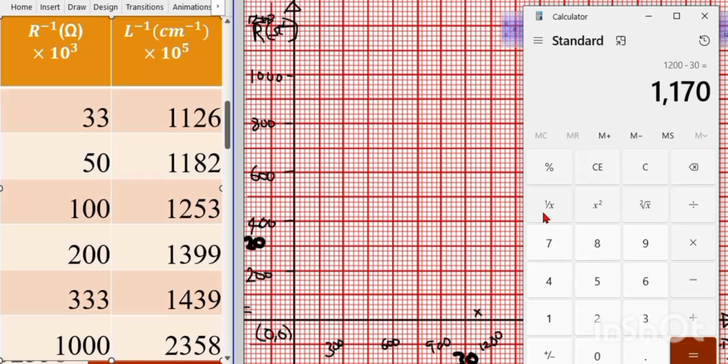The reason why you find the difference is to know whether you can easily approximate on that same line, or if the data is close to the half of the interval, then you can pick the middle, or if it's very close to the other side. So 1170 minus 1182, the difference is 12. It's still close, so it means it's still going to be in the middle.